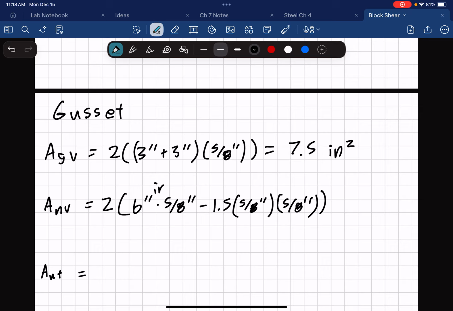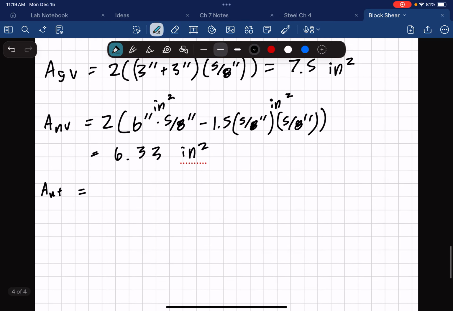So sanity check, inches squared, we should be good, especially if ANV needs to come out smaller than AGV. So 2 times the quantity 6 times 5/8 minus 1.5 times 5/8 times 5/8. And see, I forgot my decimal in my calculator, so it came out as a negative number, and we know that's not right. So our correct answer is 6.33 inches squared.